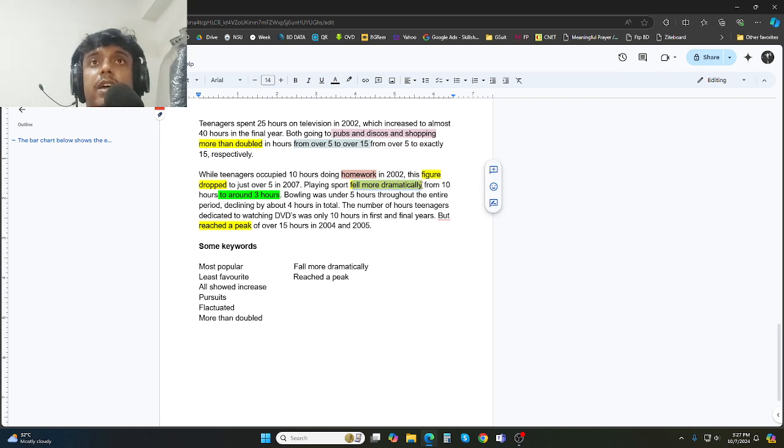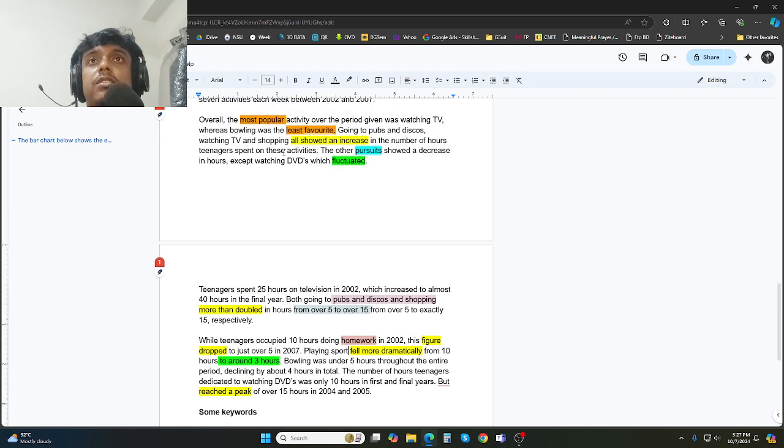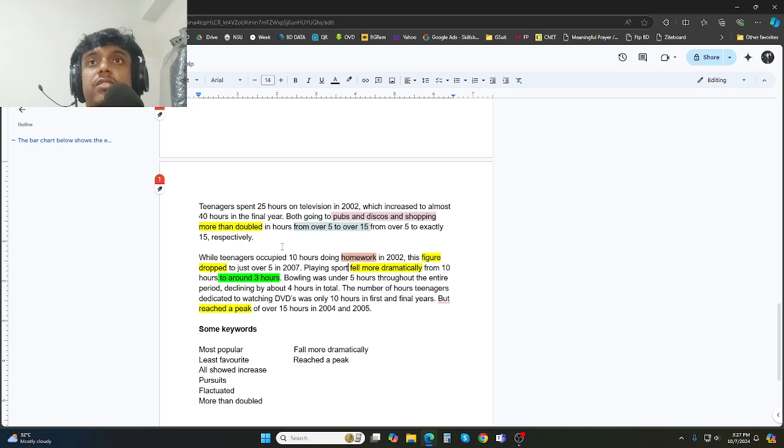Actually it means a decrease, but we are not using the similar words increase or decrease too much. Sometimes we are using more than doubled. Sometimes to show the decrease, we are using the synonymous words dropped and fell more dramatically. See how coherently we're using amazing vocabulary to write our task 1.